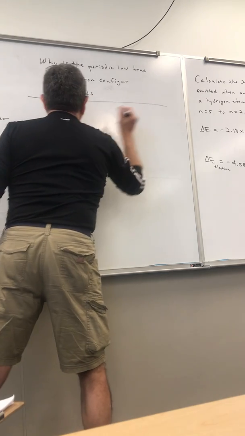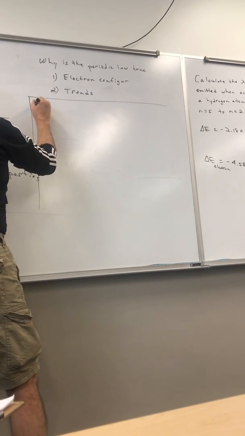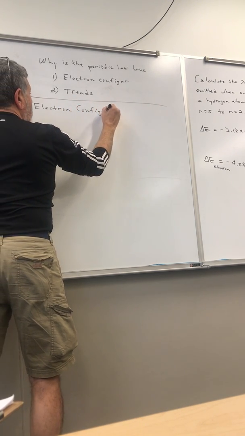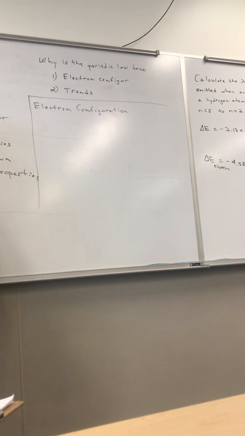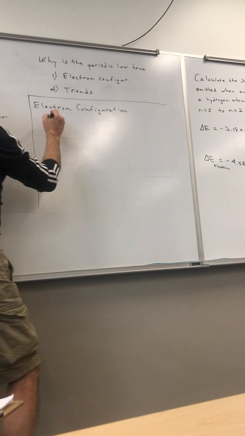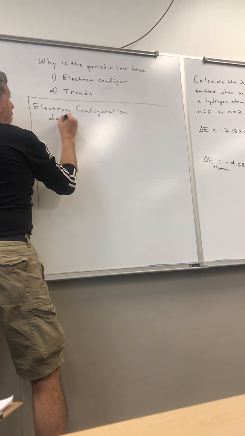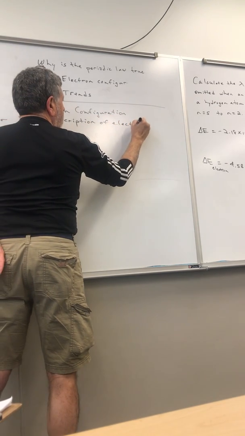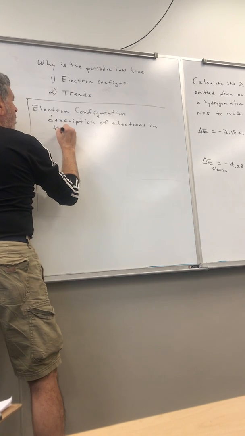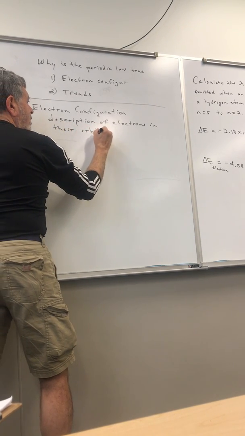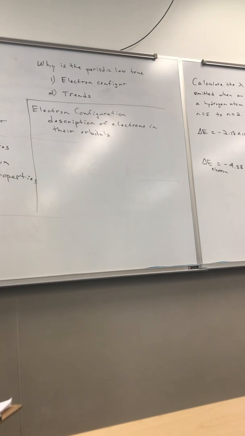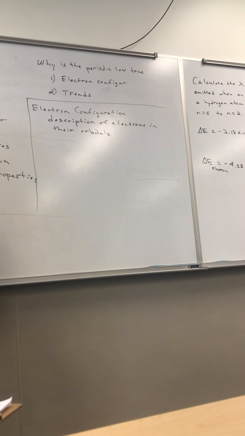So the first thing we're going to talk about is electron configuration. I'm just going to introduce it. So electron configuration gives us a description of the electrons in their orbitals. And it essentially spells out the position of the electrons in their orbitals in kind of a shorthand form.